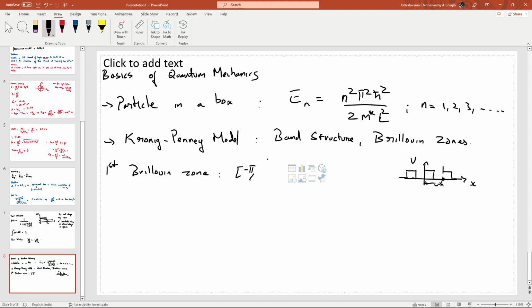So this length is L. So the first Brillouin zone will lie between minus pi by L to plus pi by L. The second Brillouin zone will lie from minus 2 pi by L to minus pi by L, and pi by L to 2 pi by L.